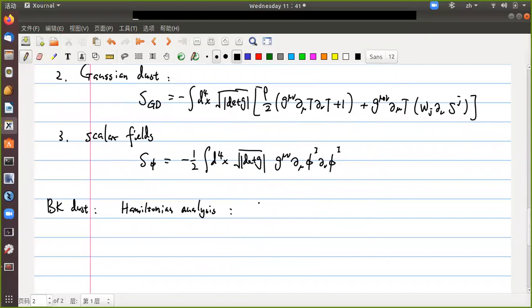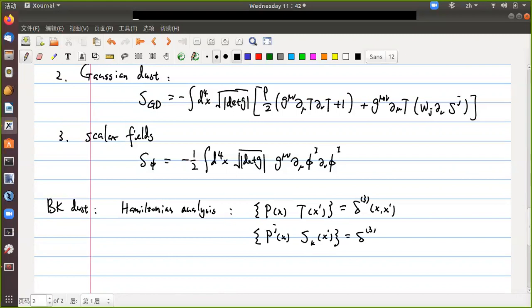Okay, so now you get conjugate pairs. Firstly, the conjugate momentum for t is called p, so it has the natural Poisson bracket with t. And the conjugate momentum for Sj is called Pj. Okay, so these are the only two Poisson brackets.